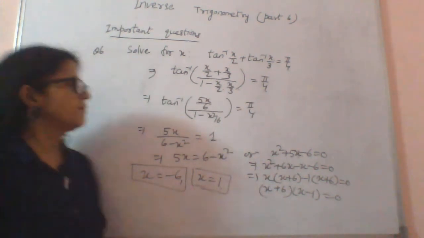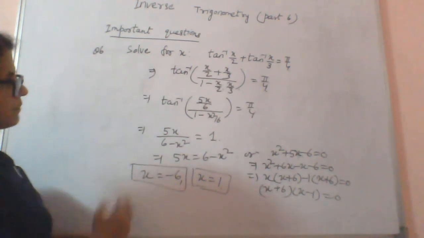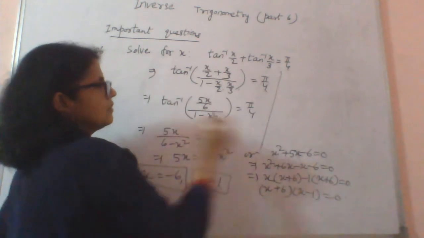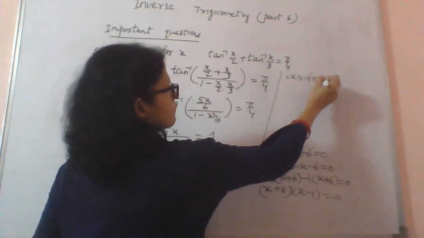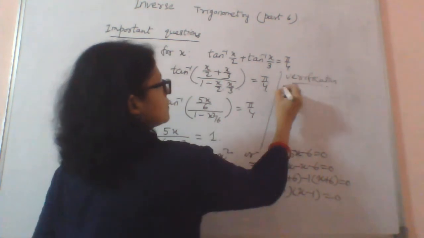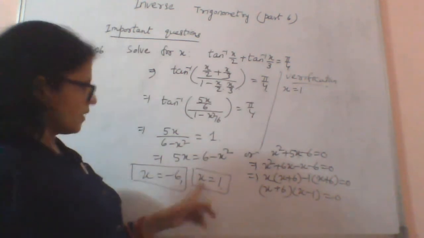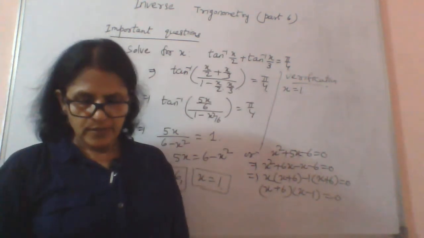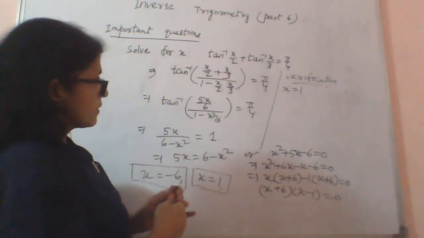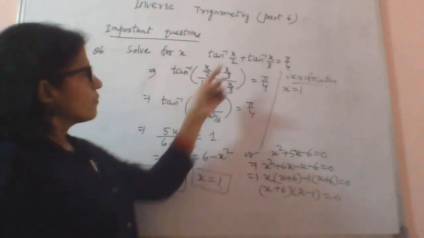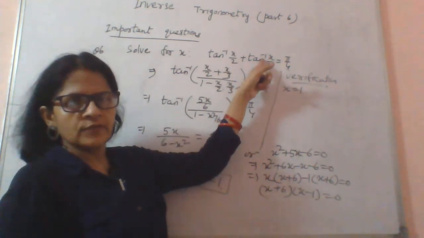Okay, so in the verification part, if you write x equal to 1, we can take tan inverse 1 by 2 plus tan inverse 1 by 3.